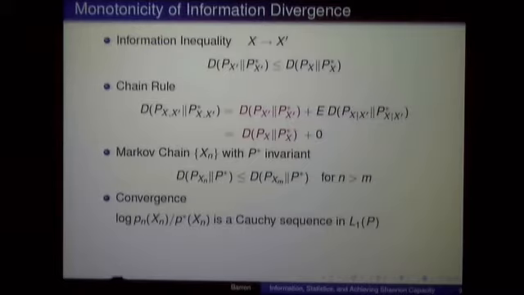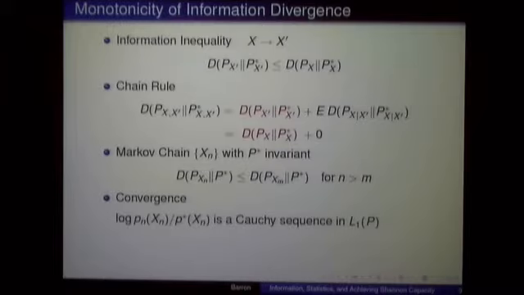So that tells you that the divergence after transformation, after the stochastic step, is smaller than it was before, and it quantifies how much it's smaller by, right? It's the relative entropy between the reverse conditional distributions. And to illustrate its use, consider Markov chains in which P star is an invariant distribution. So a transition rule doesn't change it.